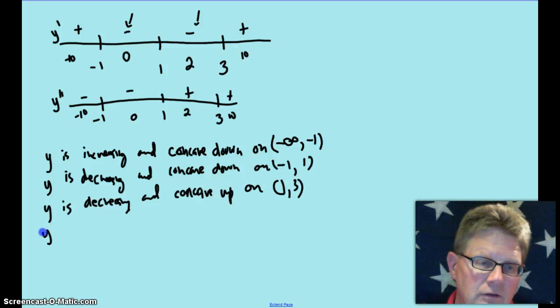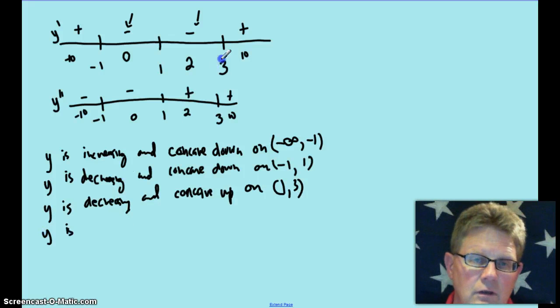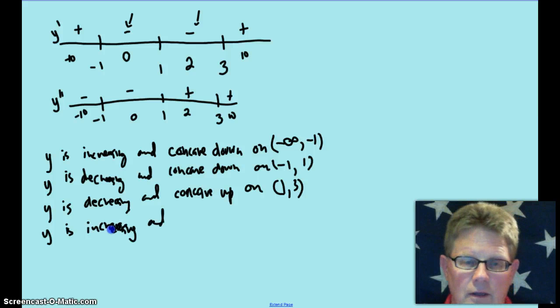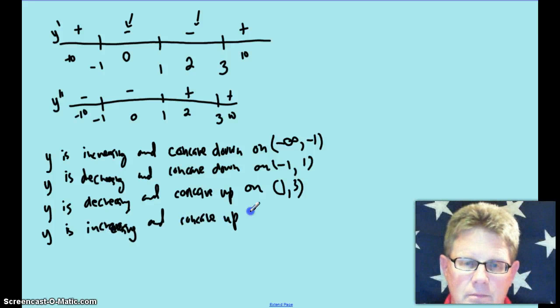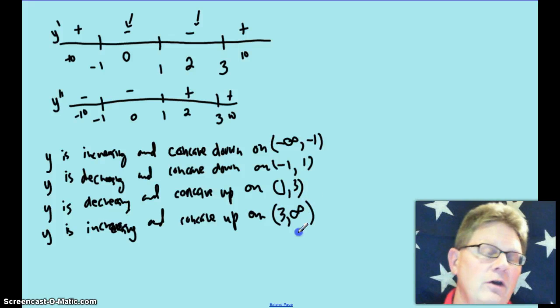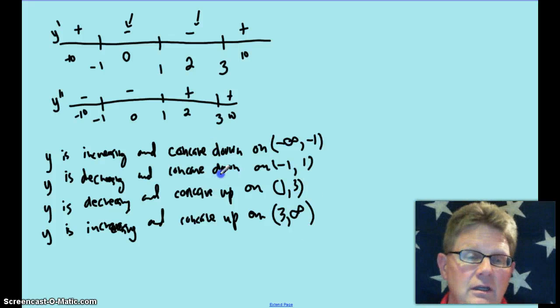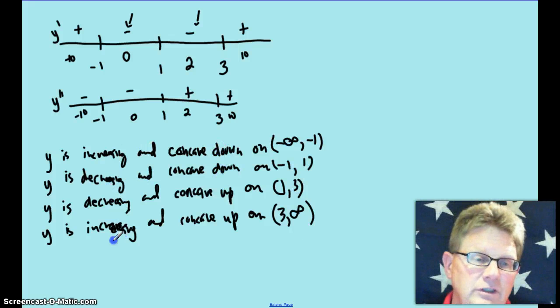And then on the last interval, it's positive and positive, increasing and concave up on 3 to infinity. And that's how you determine the concavity and whether the function is increasing or decreasing on an interval.